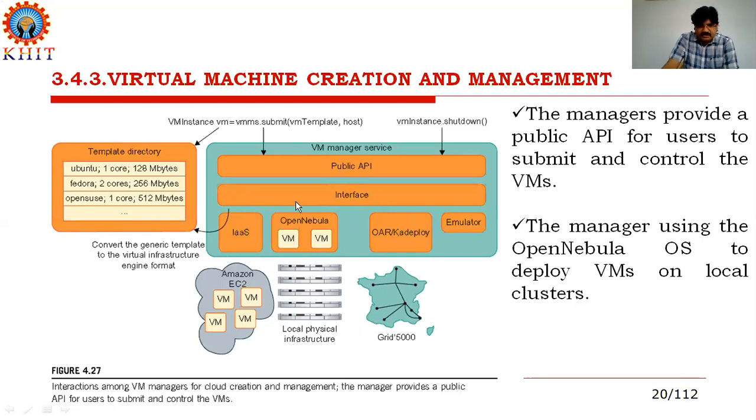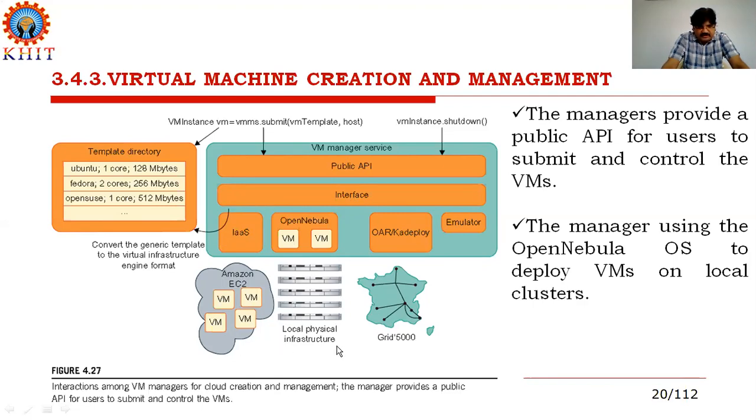The virtual machine manager will provide an emulator for sending requests from one machine to another machine. Here there are three different types of layers: local physical infrastructure, Grid 5000, and Amazon EC2, Elastic Compute Cloud. Amazon EC2 is running with a collection of different virtual machines, and there is a set of local physical infrastructures.